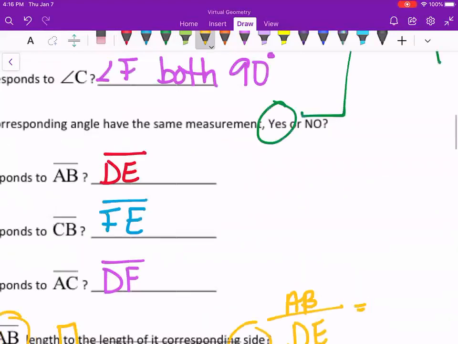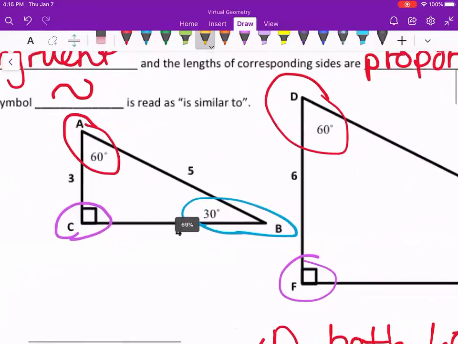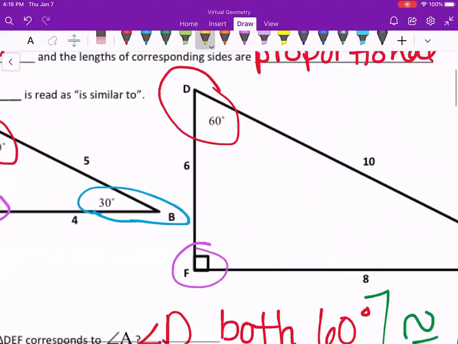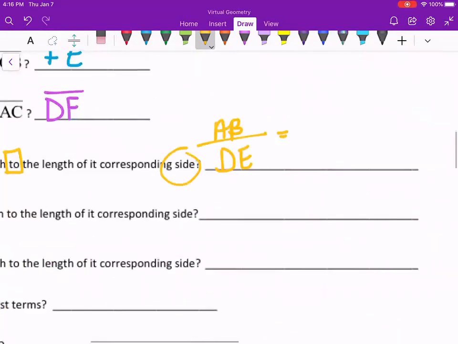AB, up in our little triangle, let's go back up to the picture for a second. AB has a length of 5. DE has a length of 10. So we're looking at 5 over 10. There's our first ratio. We'll simplify it in a second. Which becomes 1/2.